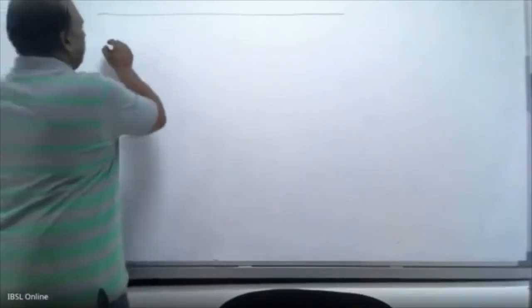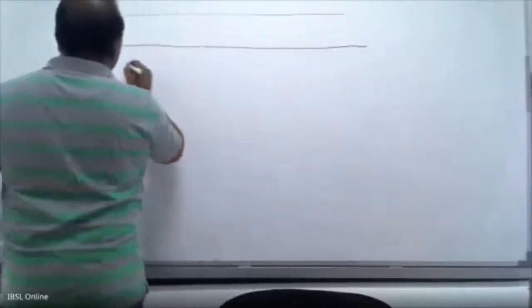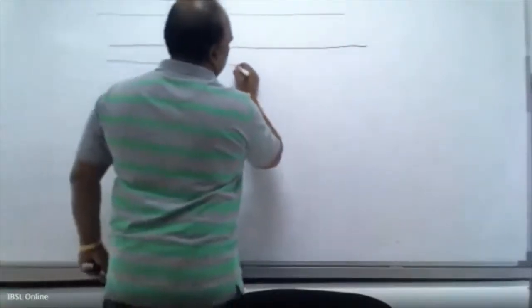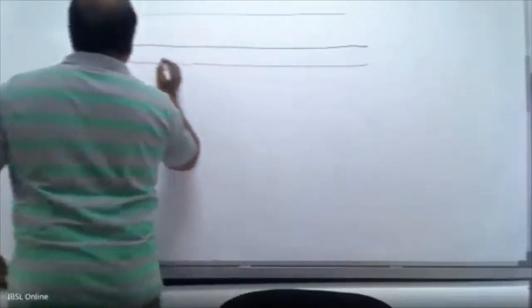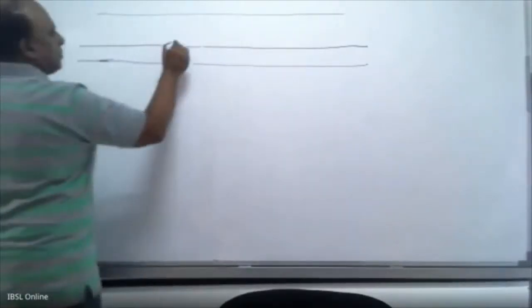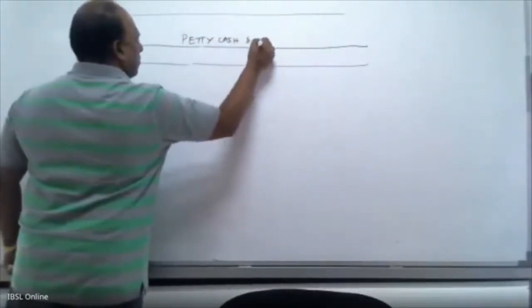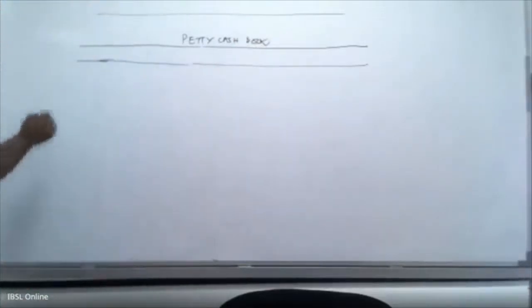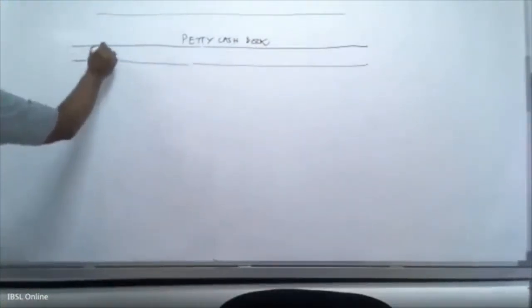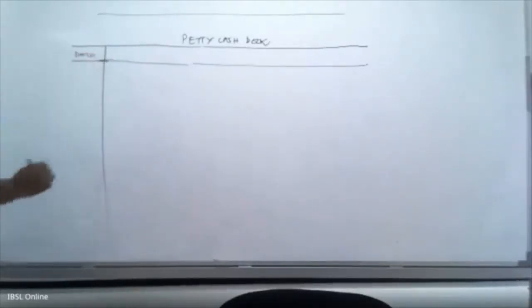So your petty cash book will look something similar to this. This can be formulated in any way that you like, but you have to ensure that you record all transactions.